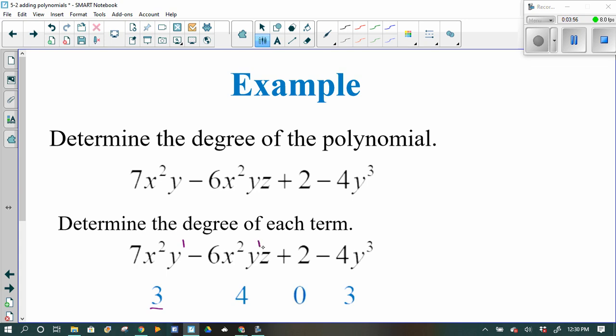X squared, y to the 1, z to the 1, 2 plus 1 plus 1 is 4, so this term has a degree of 4. This term has a degree of 0 because there are no variables, and this has a degree of 3 because only y has an exponent. So that's how you figure out the degree. You just add up the exponents for each term.